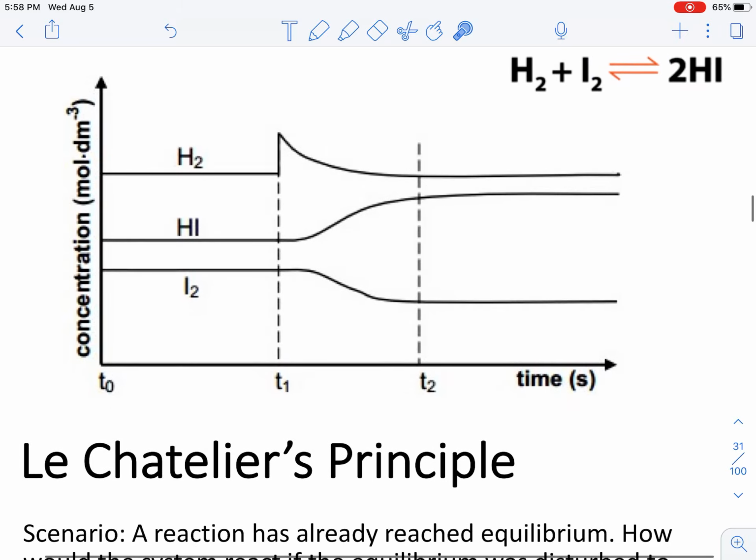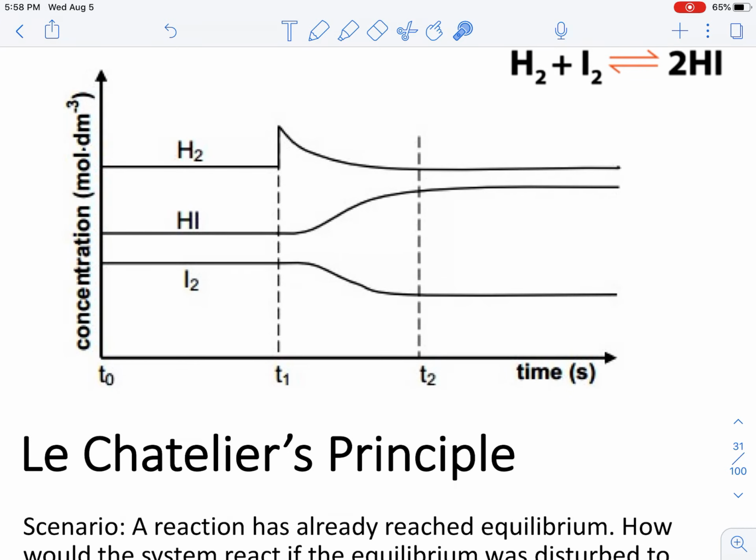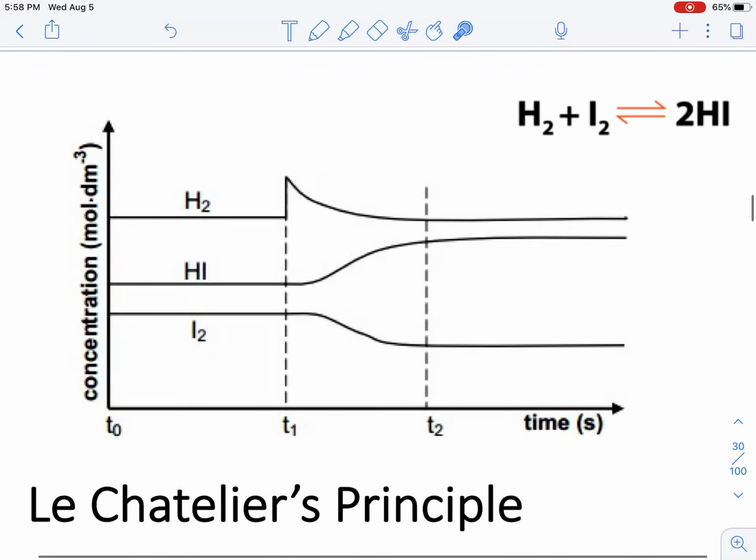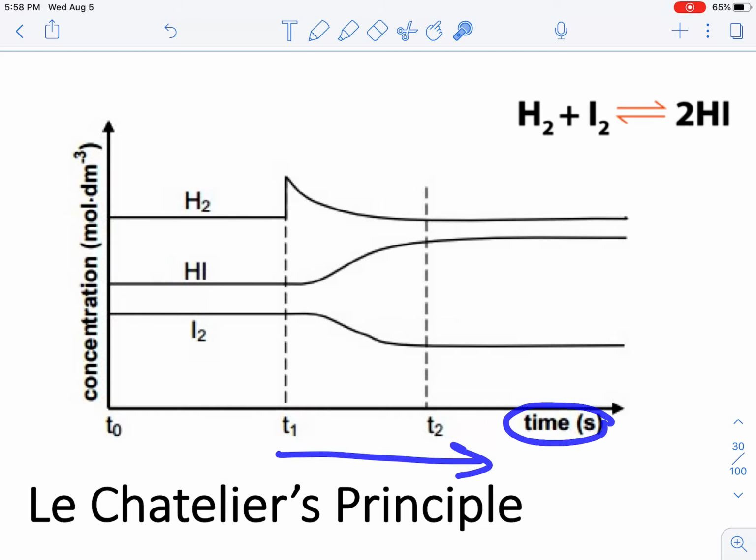Now, to better understand this topic, we have to keep in the back of our mind that this chemical reaction is already at a state of equilibrium. And so this can be demonstrated graphically, where the concentration of the reactants and products is on the y-axis, and the progress of the chemical reaction with respect to a unit of time is on the x-axis.